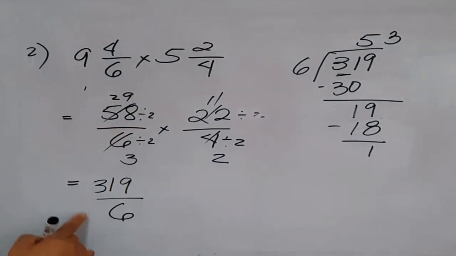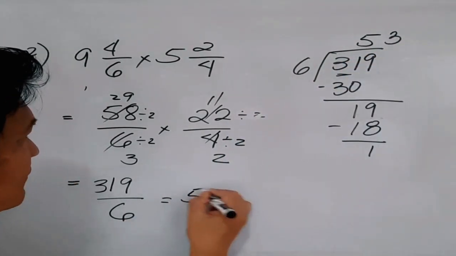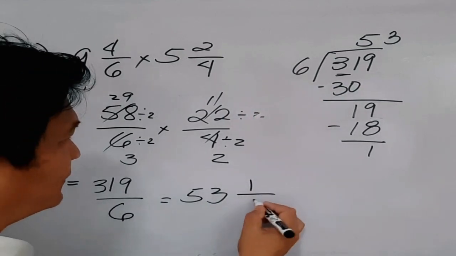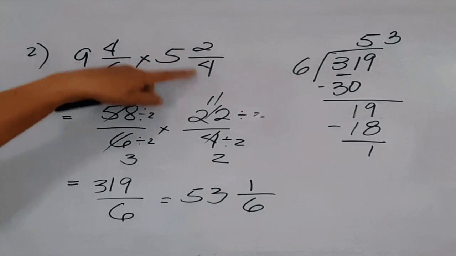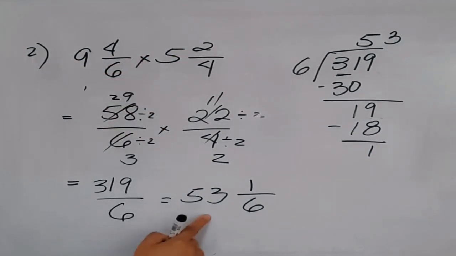So 319 over 6 is equal to 53. This is your numerator and this is your denominator. So 9 and 4/6 times 5 and 2/4 is equal to 319 over 6 or 53 and 1/6. That is how to do multiplication of fractions.